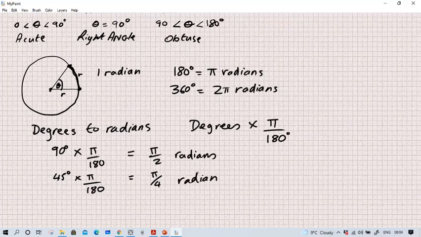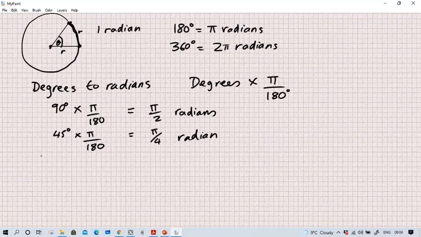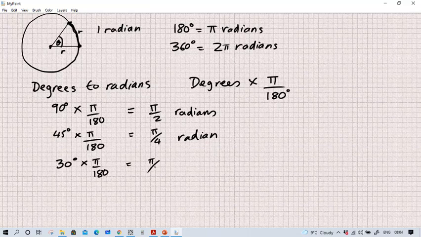We don't always have to express it in terms of multiples of pi, though it's quite common to have them as multiples of pi for angles such as 30 degrees times pi over 180, which is pi over 6. 60 degrees times pi over 180 is pi over 3.